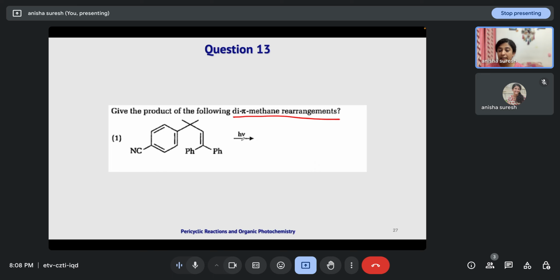So under photochemical irradiation, a diradical will be formed here like this. This radical will react with this double bond, leading to formation of a cyclopropane and a radical here, losing the aromaticity of this compound.